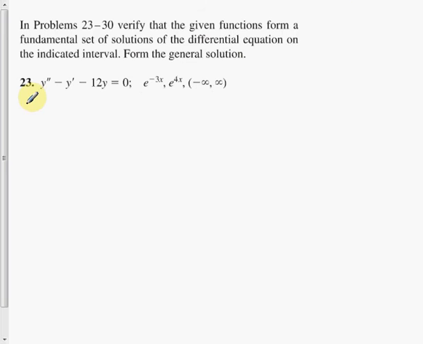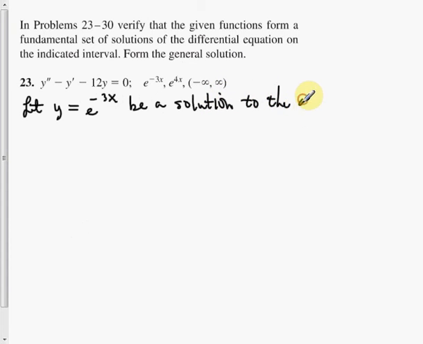So here we say let y equal to e to the negative 3x be a solution to the given differential equation.